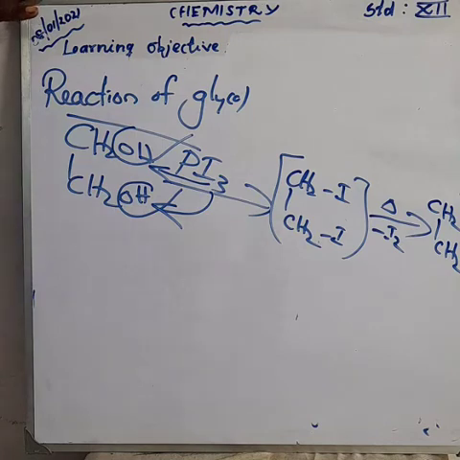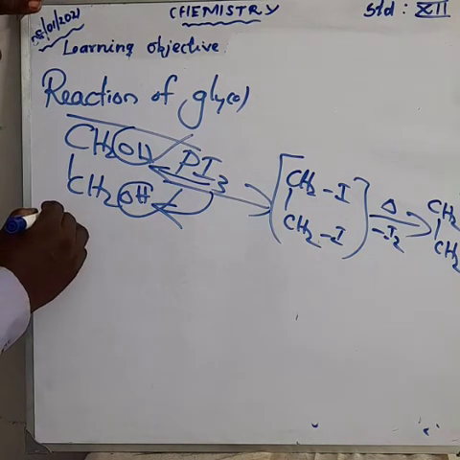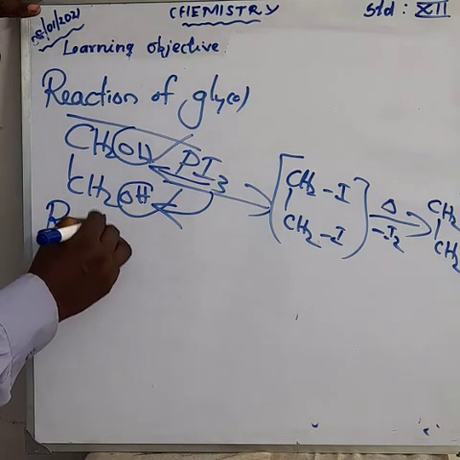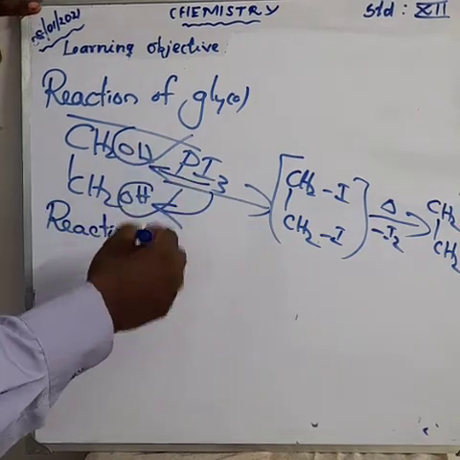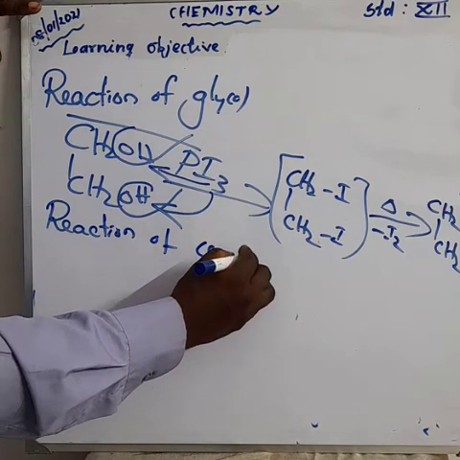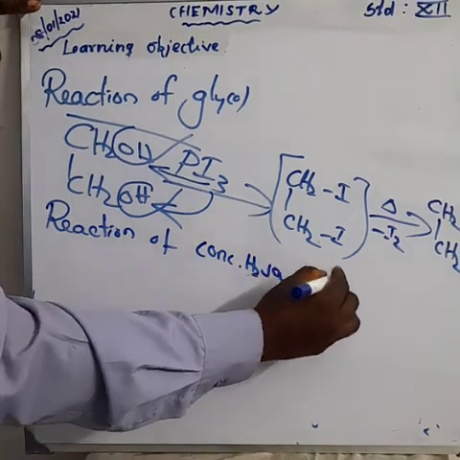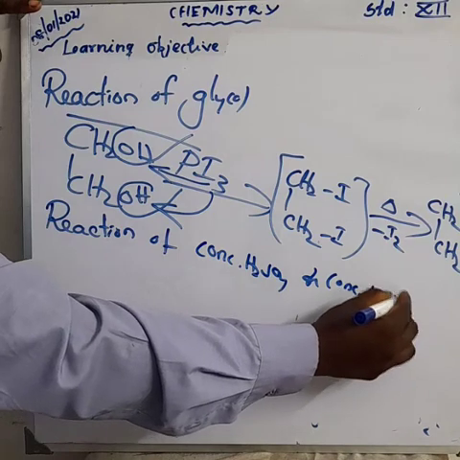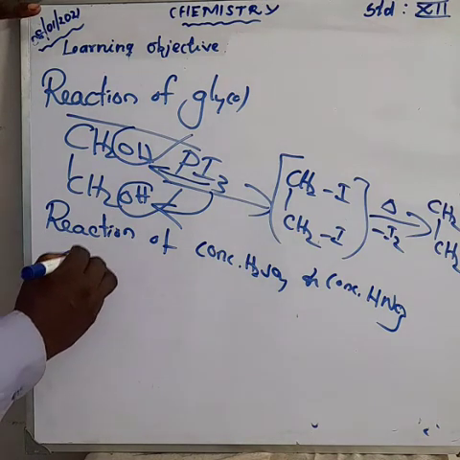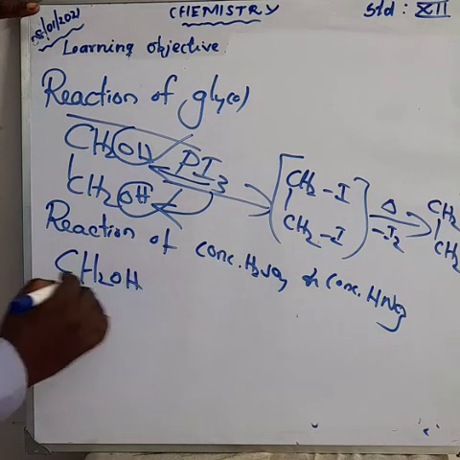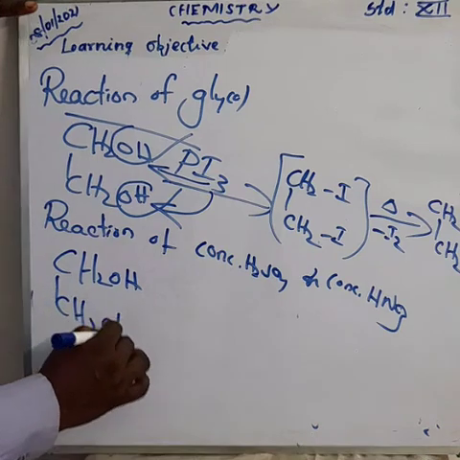Next, the reaction of glycol with concentrated nitric acid and concentrated sulfuric acid. We write glycol, CH2OH-CH2OH, the ethylene glycol.